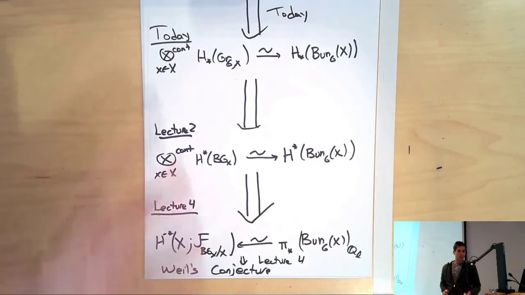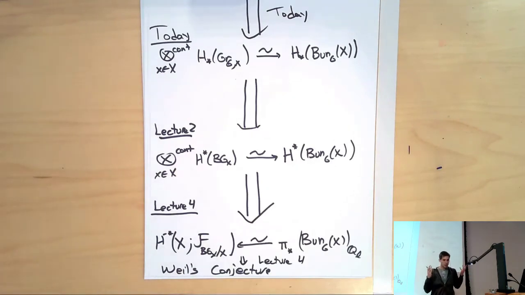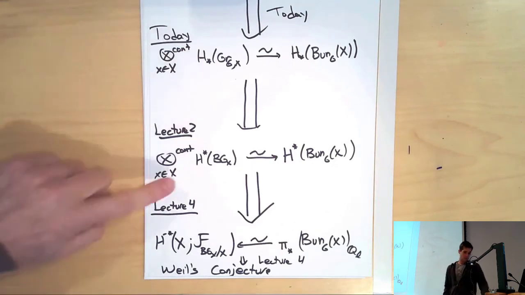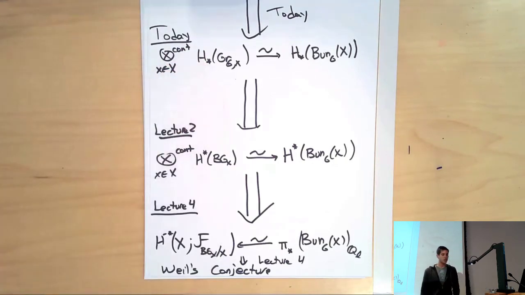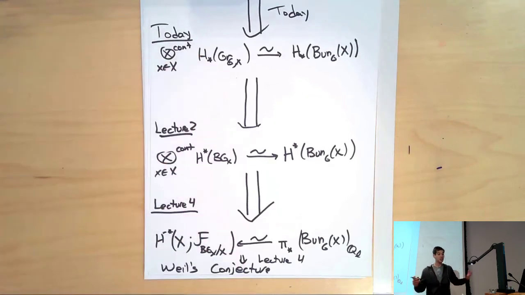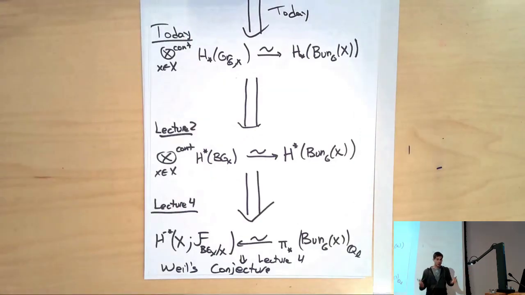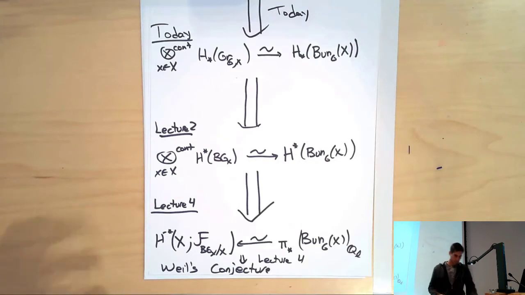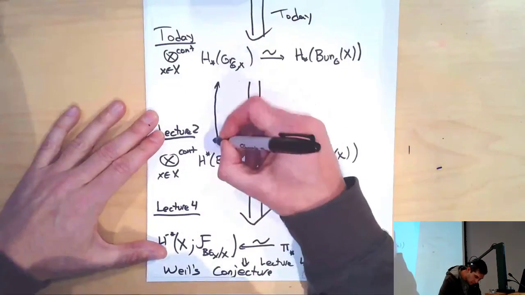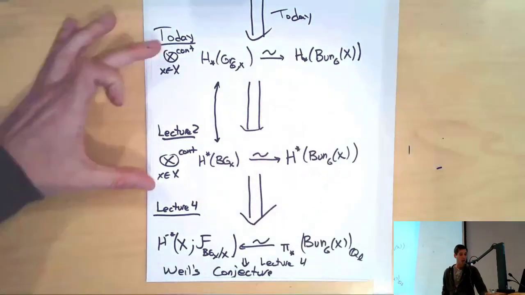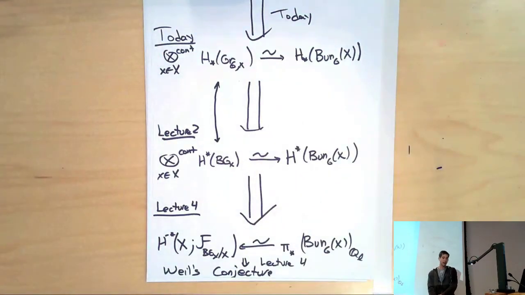So the first of these implications comes from some theory of Koszul duality in the setting of factorization algebras. So these maps are in a certain sense dual to one another. Both the homology of the affine Grassmannians and the cohomologies of the BG_X are examples of factorization algebras on X. And these left-hand sides are giving you the factorization homologies of X with coefficients in those two factorization algebras.